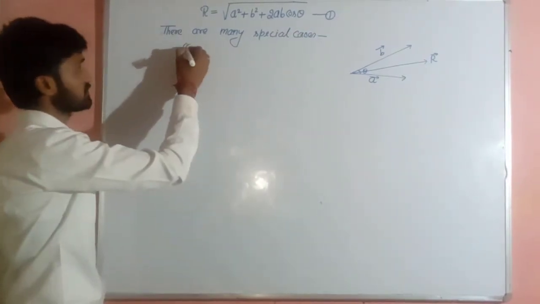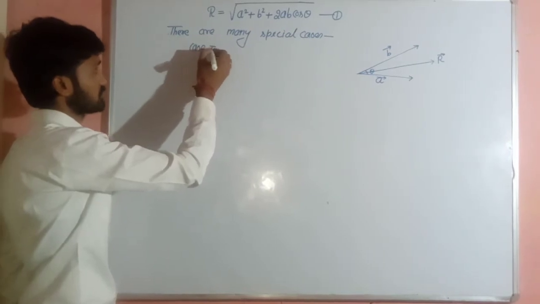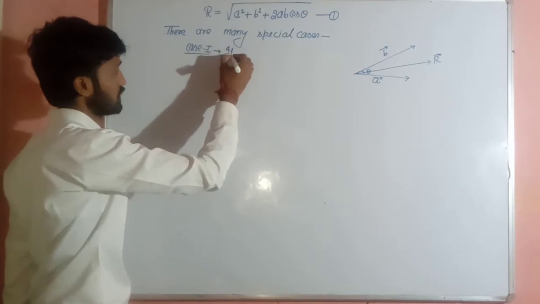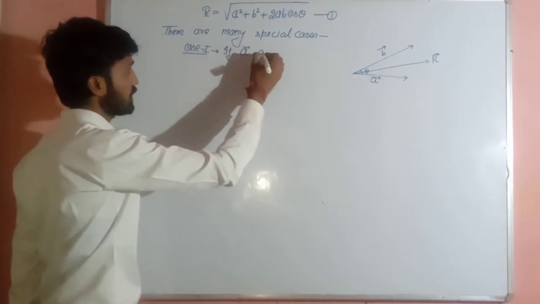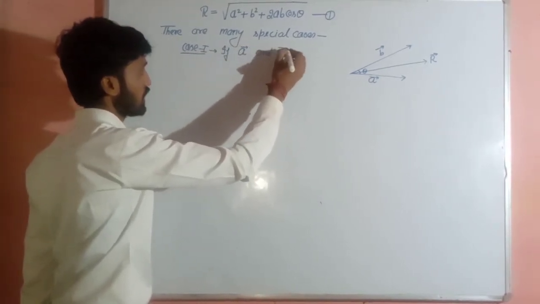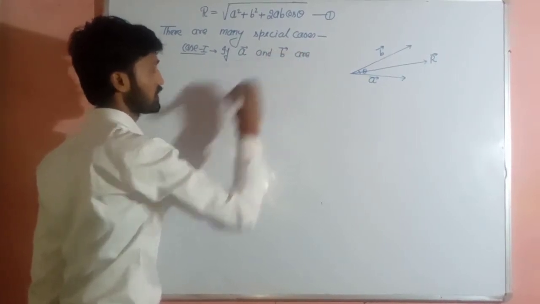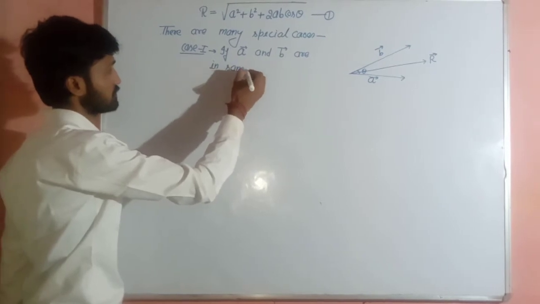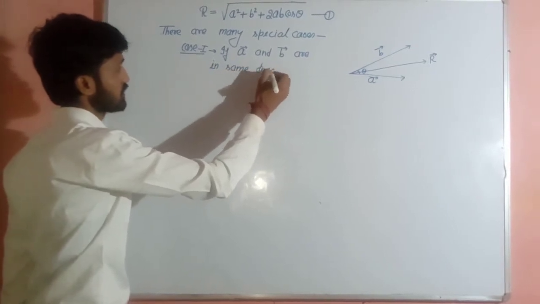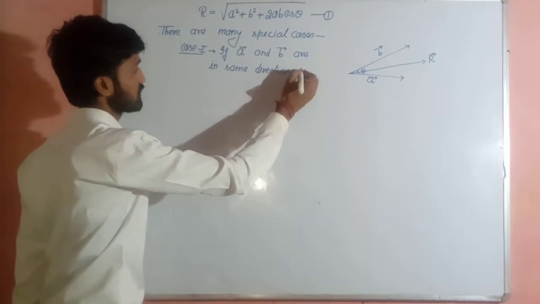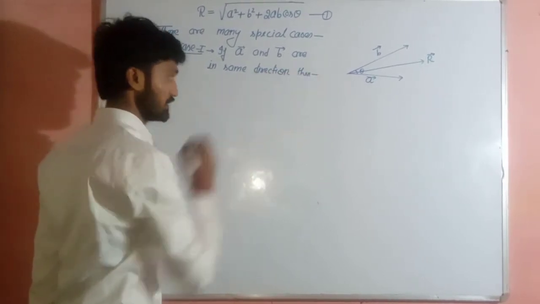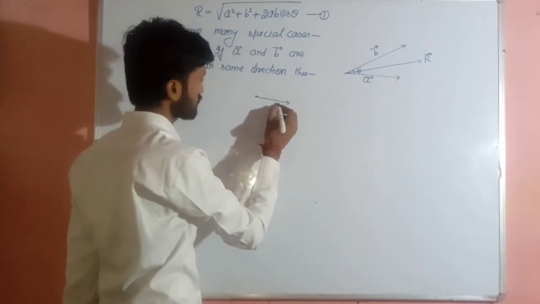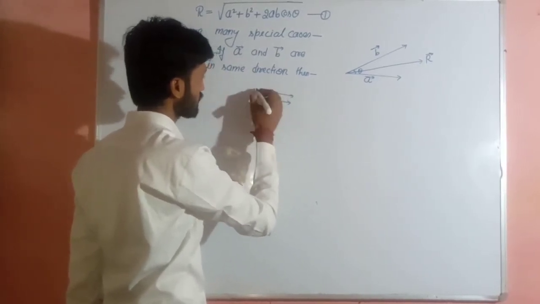First case: if vector A and vector B are in the same direction, then vector A will be like that and vector B will be like that.